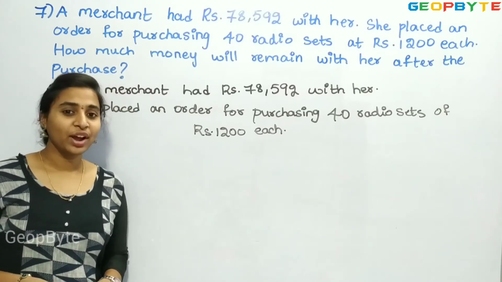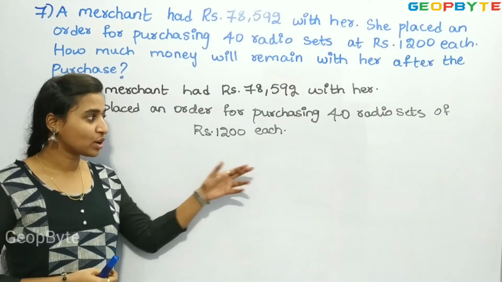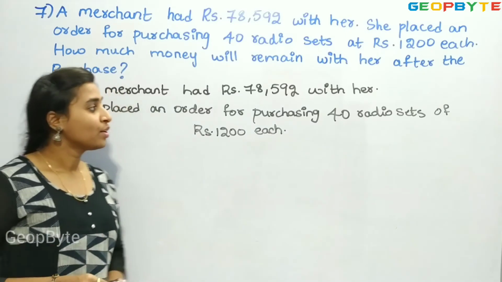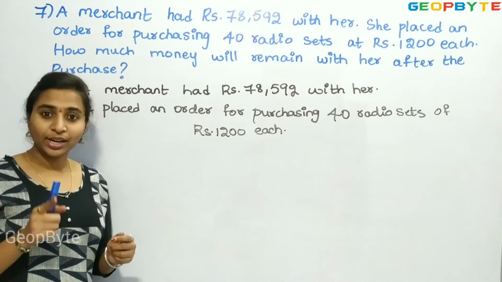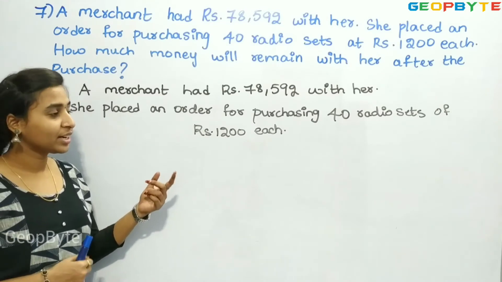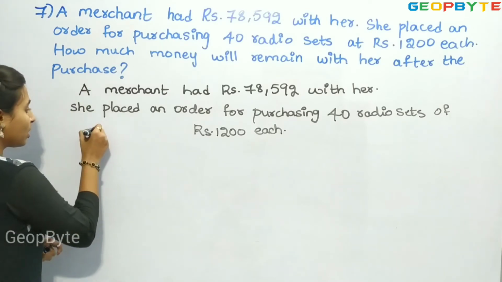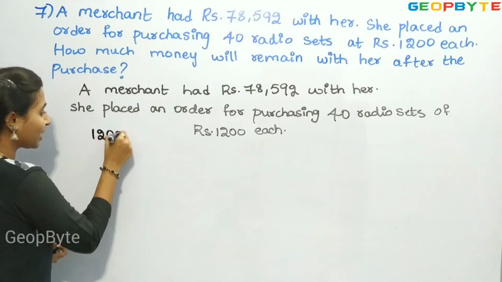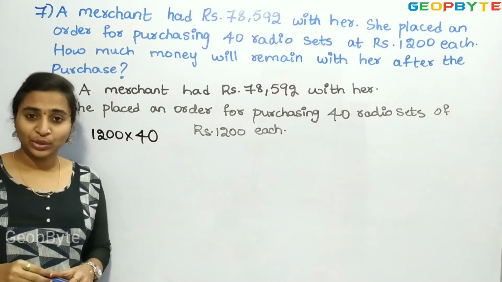See, we need to find out how much money is left over after the purchase of 40 radio sets. First, let us find out the total cost for 40 radio sets. Each radio set costs rupees 1200. So, if we do 1200 into 40, we get the total cost.